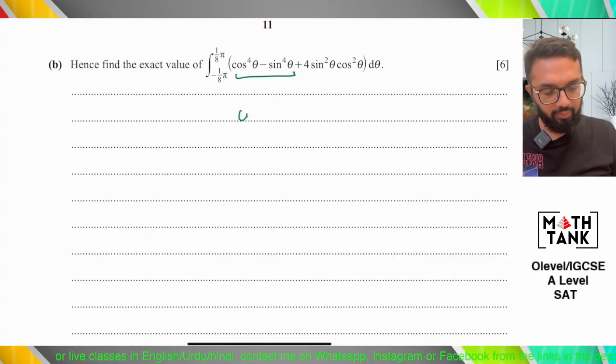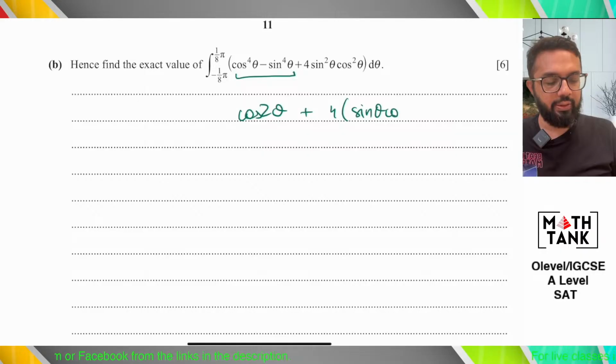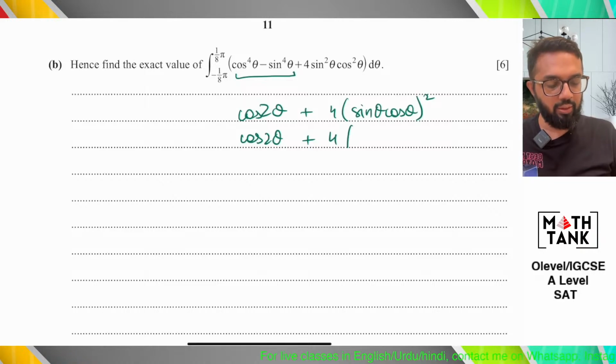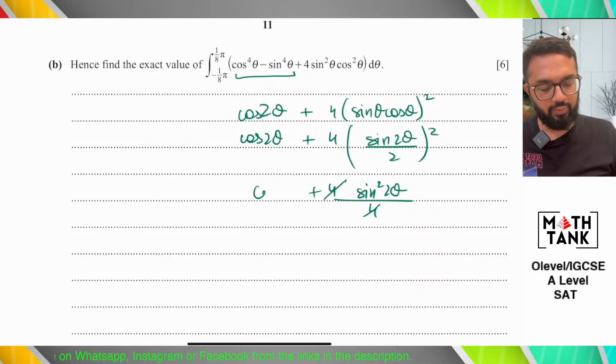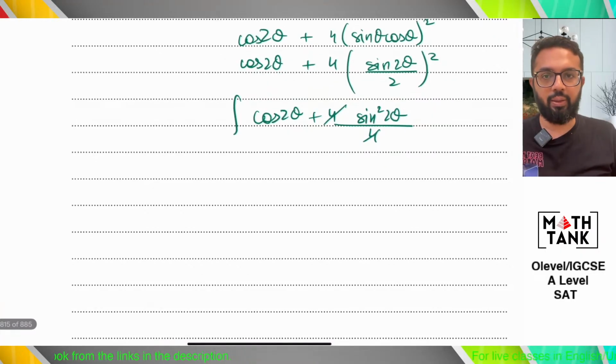Okay, then this should become cos 2 theta, and that should become 4 sine theta cos theta squared. Sine theta cos theta is basically sine 2 theta divided by 2, squared. That means 4 sine squared 2 theta over 4. So this 4 once again. So what you're integrating is basically cos 2 theta sine squared 2 theta.